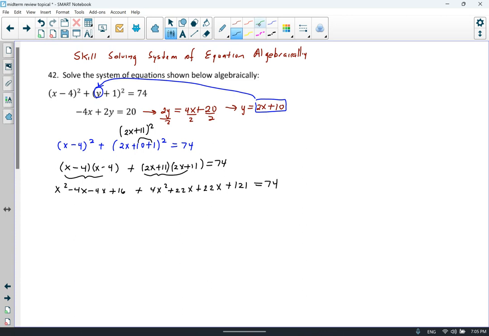Now I'm going to combine like terms. So x squared and 4x squared, that becomes 5x squared. Then the x terms combine. Let me just check my arithmetic.